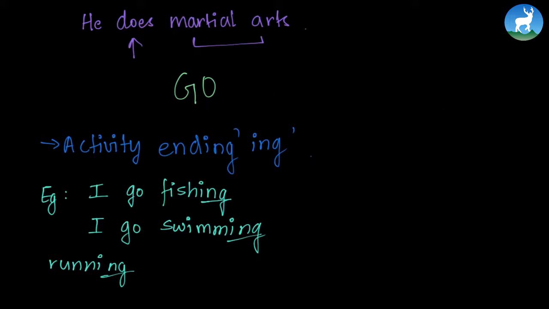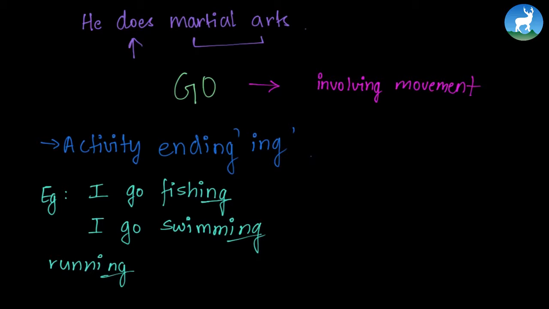Now, another thing we need to remember while using go is that it is used with activities that involve movement, okay? So swimming, you need to swim from one place to another place. So it needs a movement of your body. Fishing needs movement. Running needs movement.